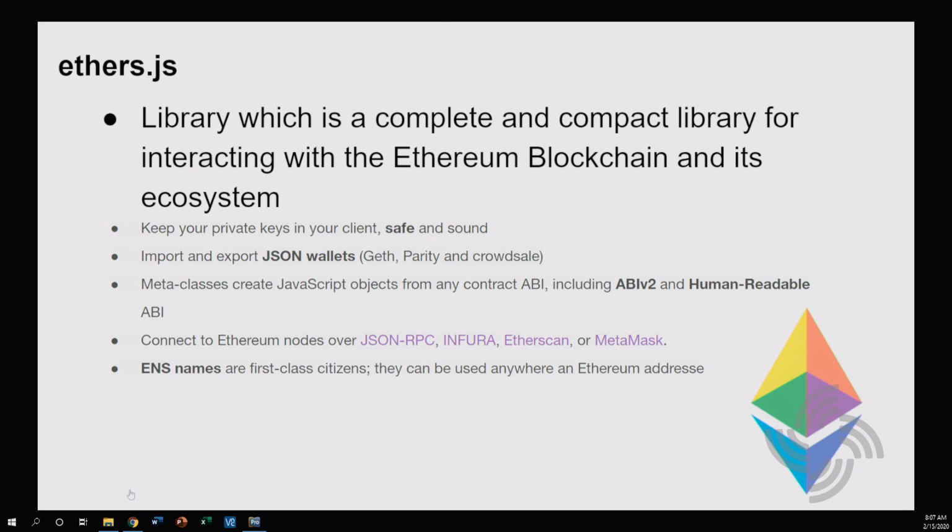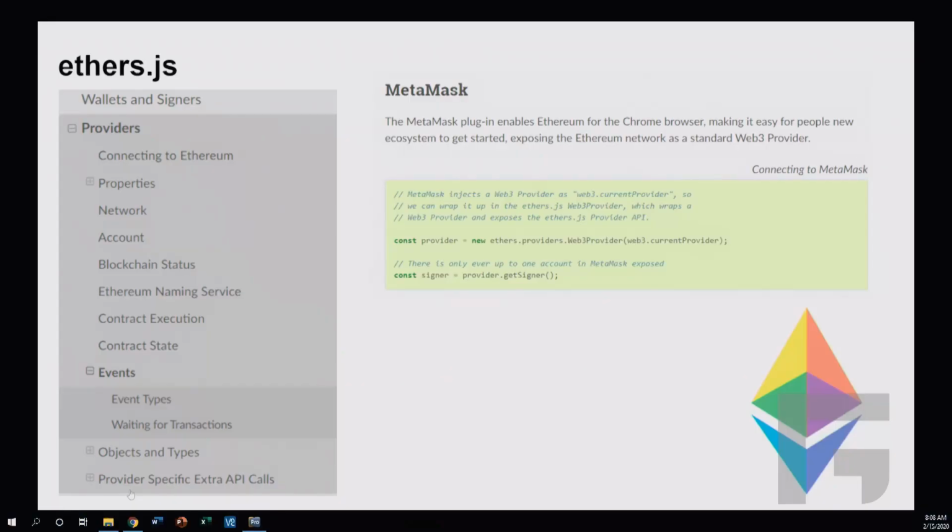If you're learning about Ethereum and want to build a website with it, I just tell everyone to check out ethers.js. It's a great start. This example is from their documentation. You can see there are different providers and how to connect with them.